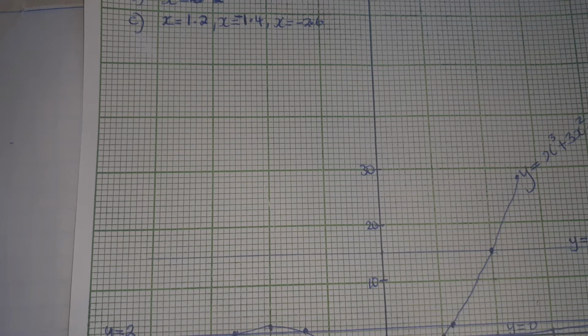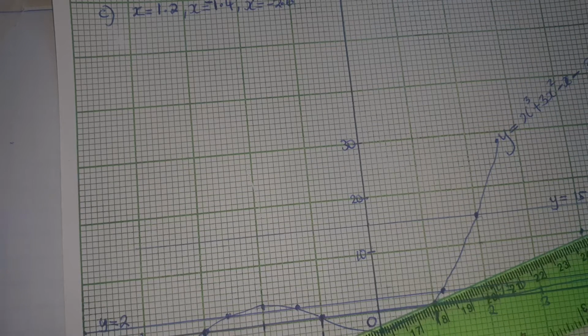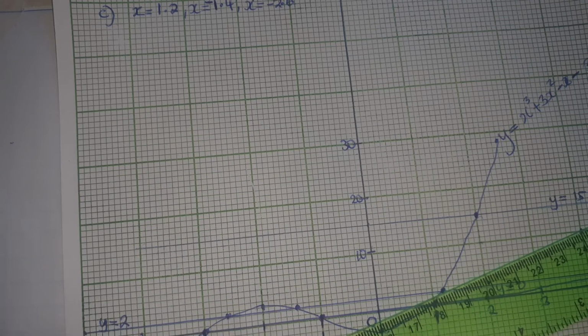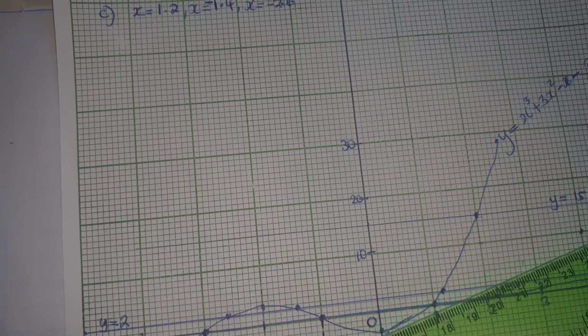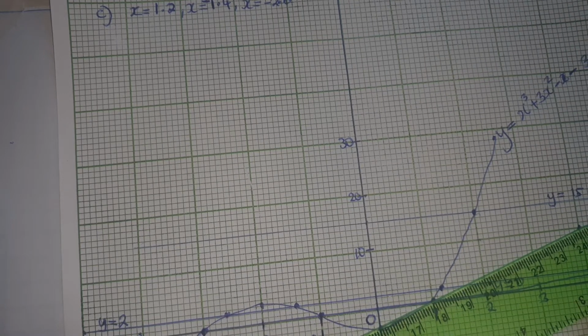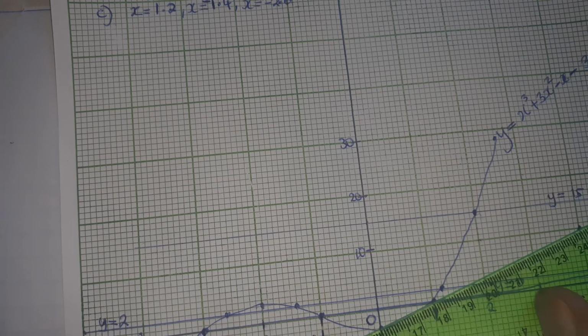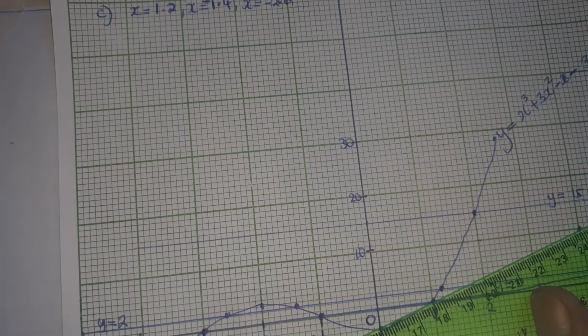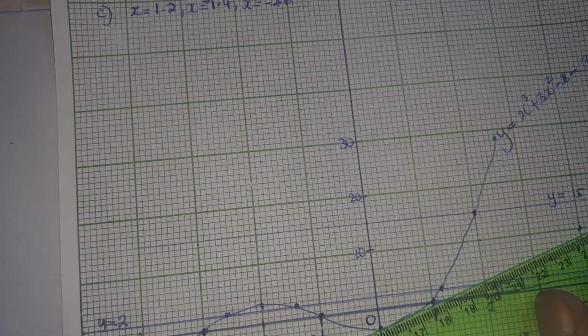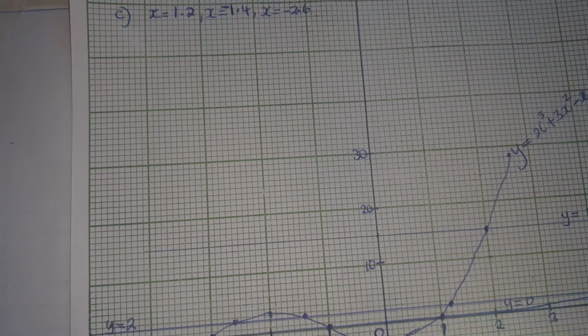This point and that one. You join them using a ruler. Okay, where's that point?